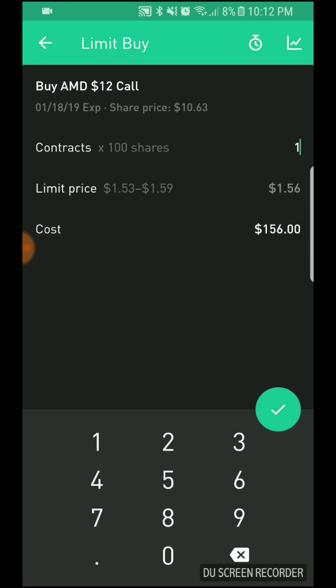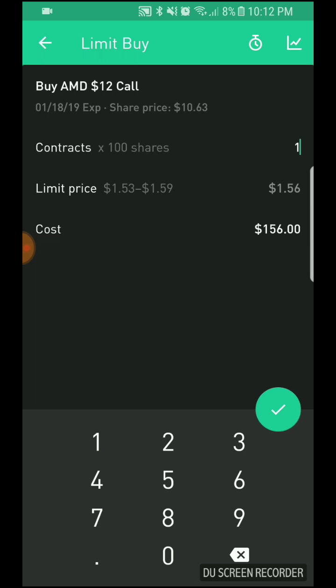And even though it costs more than what you pay for March 29, it does give you a longer period to hold the stock and hope that it will go above that price. And also you can sell your options before the expiration date, so you're not locked into January 18, 2019.